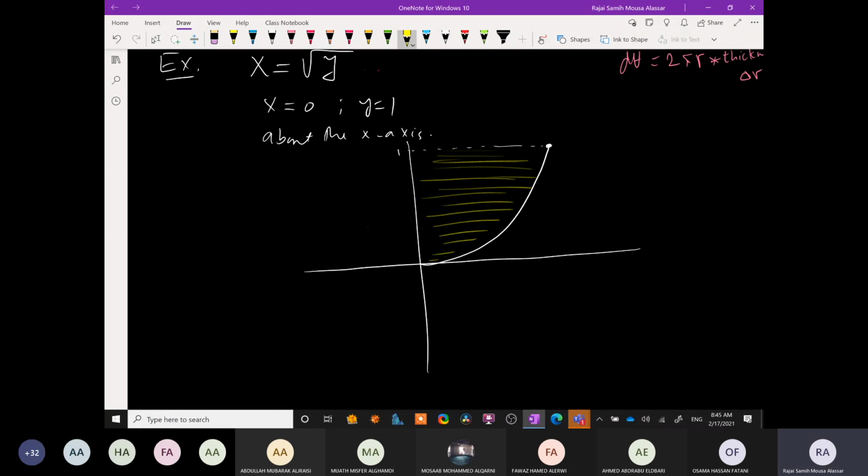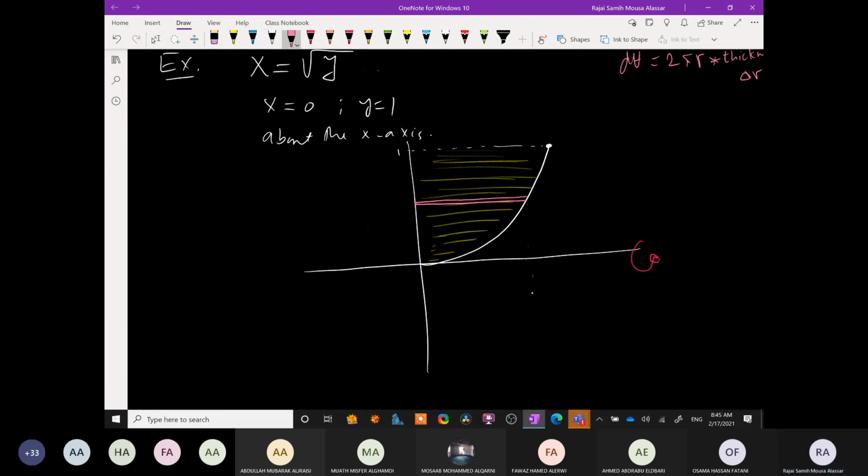This is my region. Obviously now this is the axis of rotation, so my strip is going to be parallel to that. I will take a sample and rotate that sample. So this sample comes here.